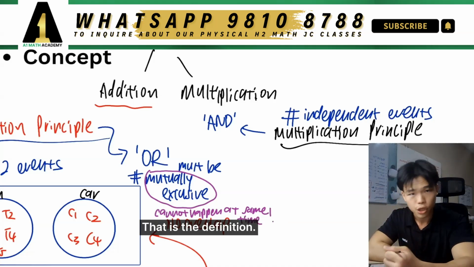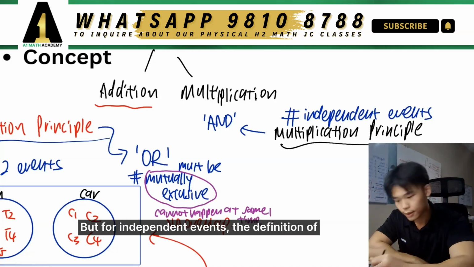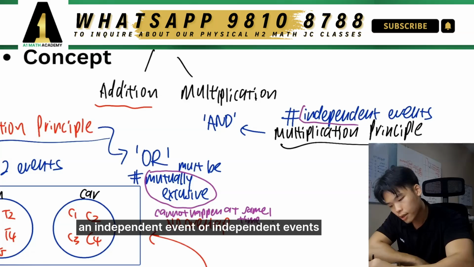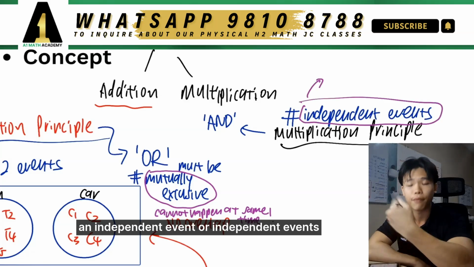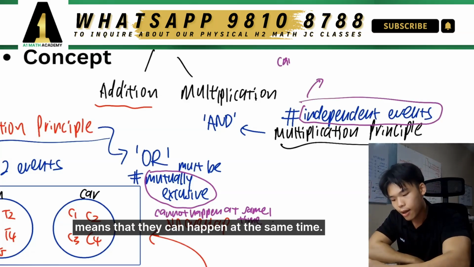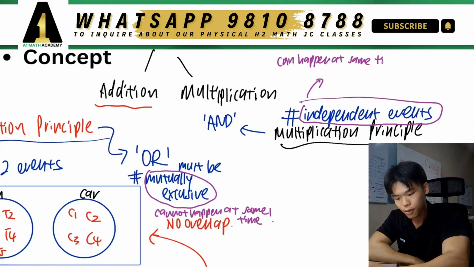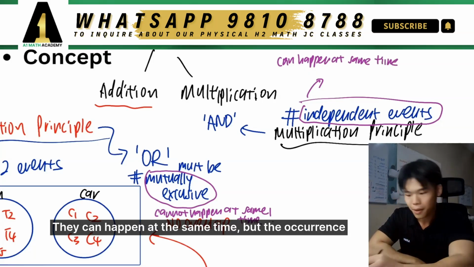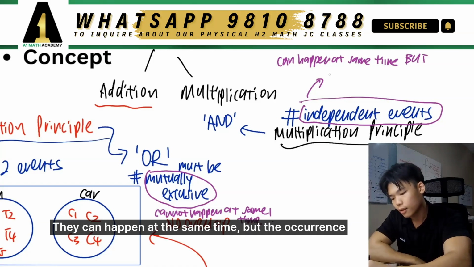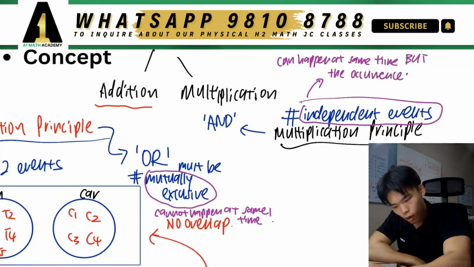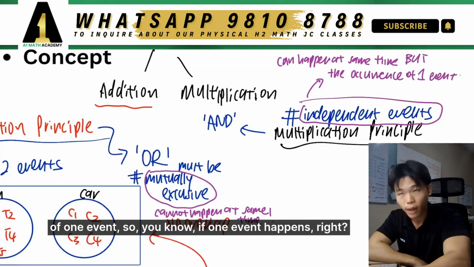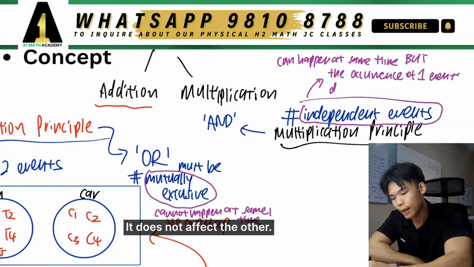But for independent events, the definition is that they can happen at the same time, but the occurrence of one event, if one event happens, does not affect the other.